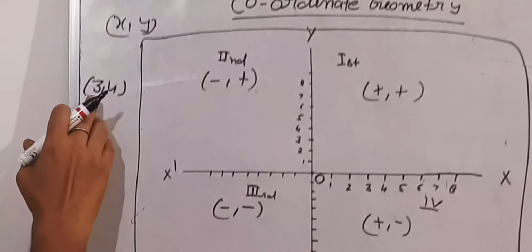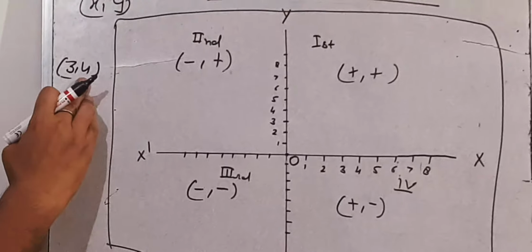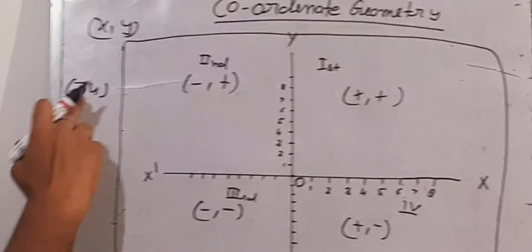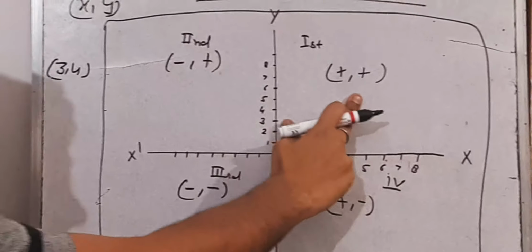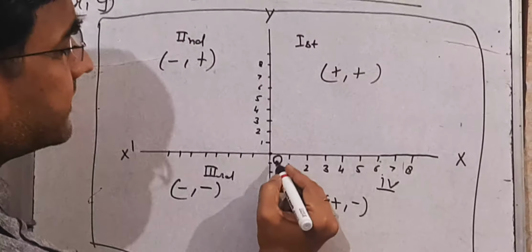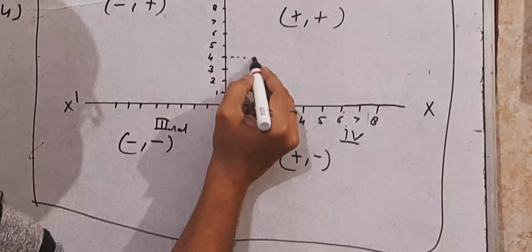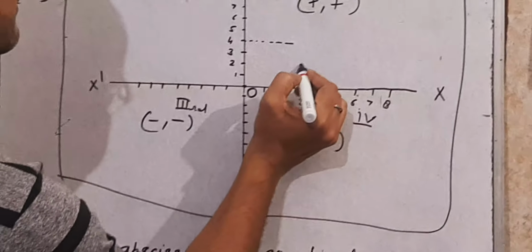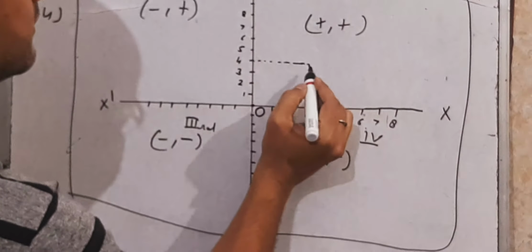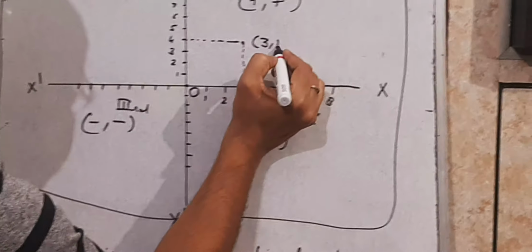The sign of 3 is plus, and the sign of 4 is also plus. It will go into the first quadrant. On the x-axis 1, 2, 3, on the y-axis 4. So this point is known as (3, 4). Understood?